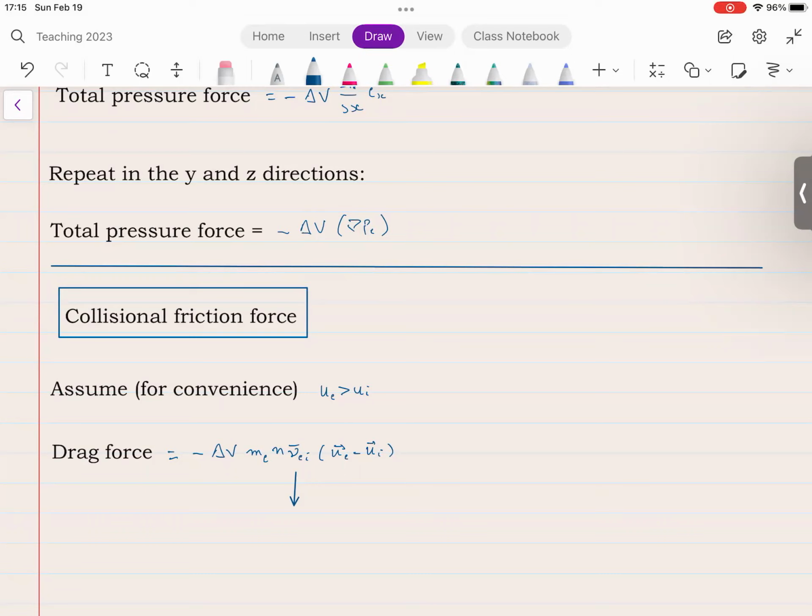I don't think I wrote the whole thing, but let me write it now.